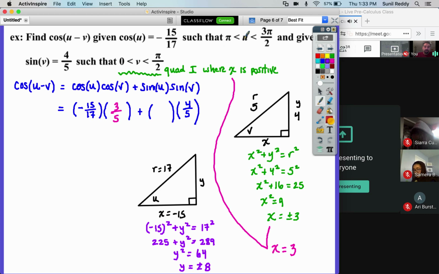And for angle u, going back to the original wording of the problem, angle u is between pi and 3 pi over 2, which means angle u falls in quadrant 3, where my y value is negative.